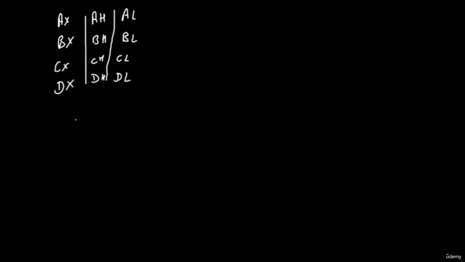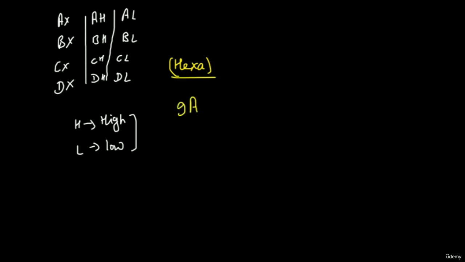H is simply high, L is simply low. What does it mean? As we have discussed, in digital electronics and assembly language we are using the hexadecimal number system for our microprocessor. So we are going to write it this way, like 9AH. H denotes that it's hexadecimal, and A is the 11th number.